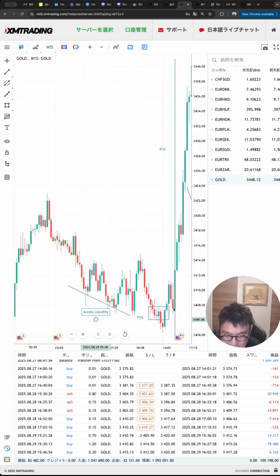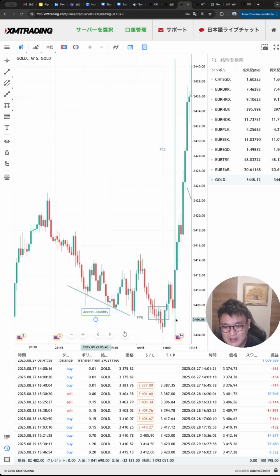You can see the red K lines here; the next two red K lines went into the FVG and then quickly increased, right? Which means that smart money often brings price back to this gap before continuing higher. And this is exactly what happened here.